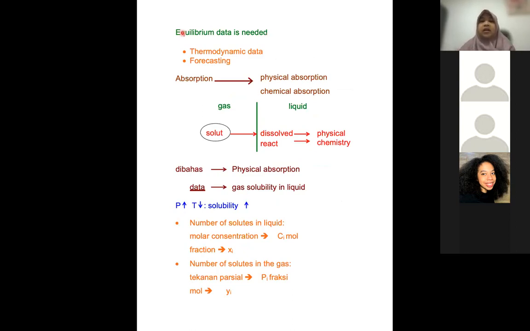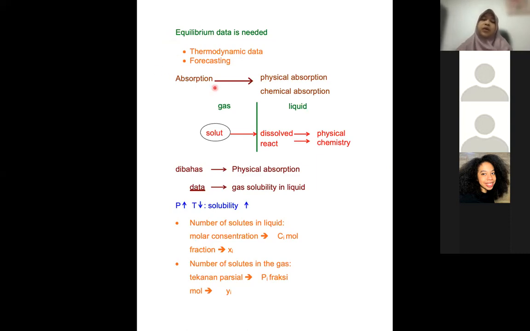And again, in absorption we also need thermodynamic data, and the thermodynamic data can be from the handbook, or we can do forecasting, but for new components, let's say we have some new components that haven't been in the handbook, then maybe we have to do the experiment by ourselves, okay.